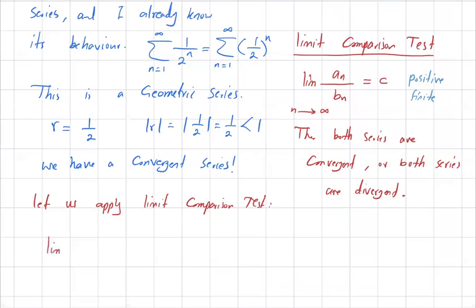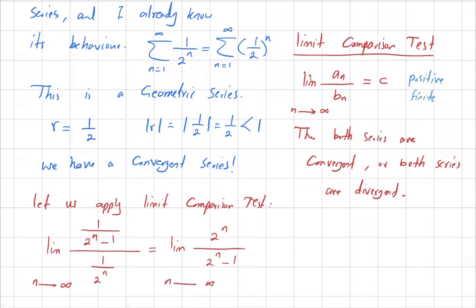In this example, you have the limit of 1 divided by 2 to the n minus 1, divided by the second one, the geometric series 2 to the n, as n goes to infinity. This can be written as the limit of 2 to the n divided by 2 to the n minus 1. You already know the limit. It is equal to 1, which is a positive and finite number.